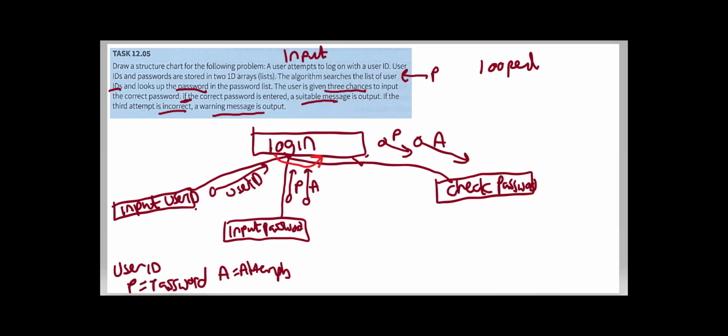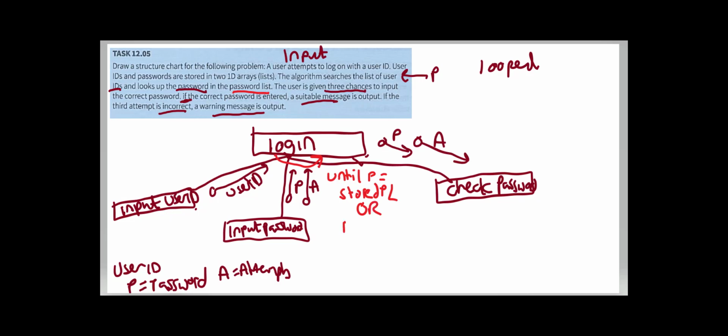And the condition for this loop is going to be until the password equals the one which is stored in our password list, or our number of attempts.